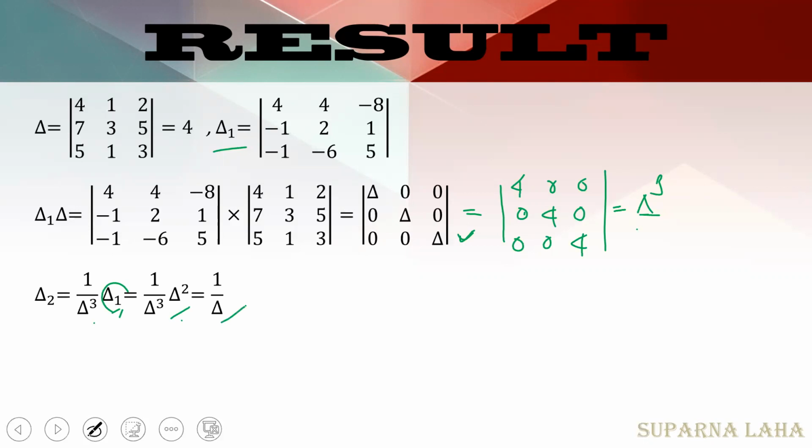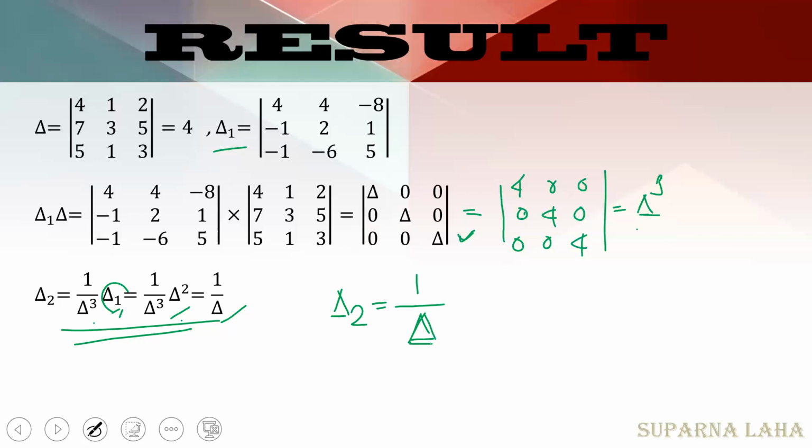So that's why it is called reciprocal determinant, since it is 1 by delta. This is one important result: the reciprocal determinant is given by 1 over the determinant value.